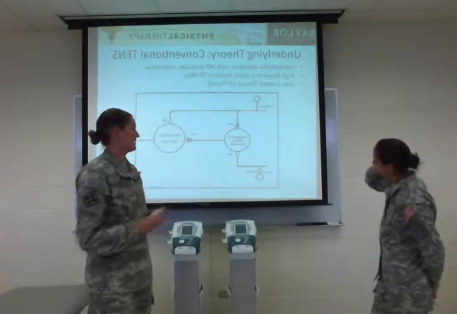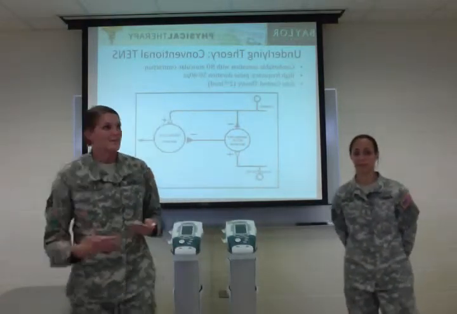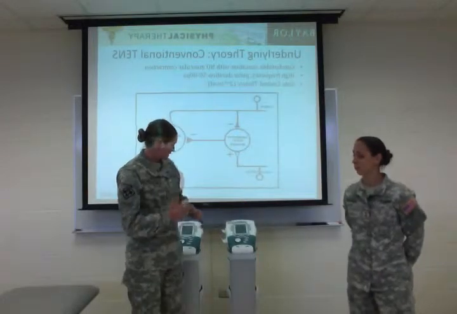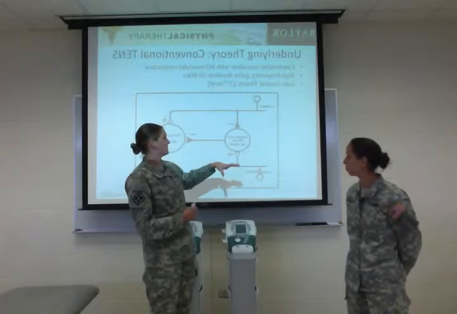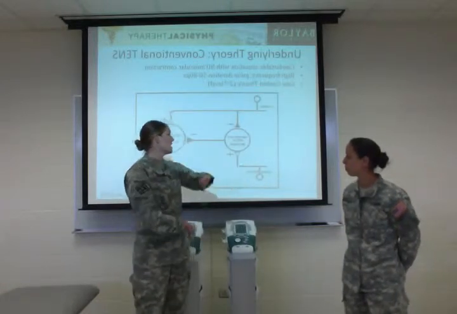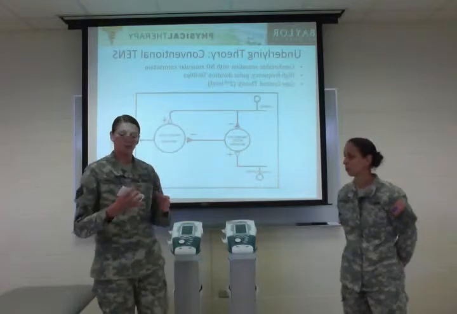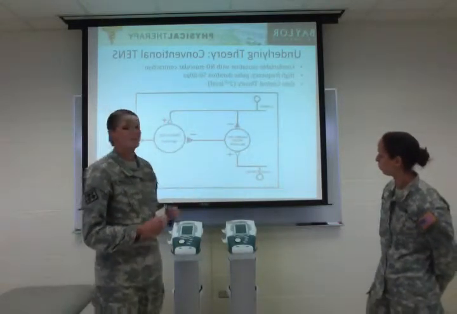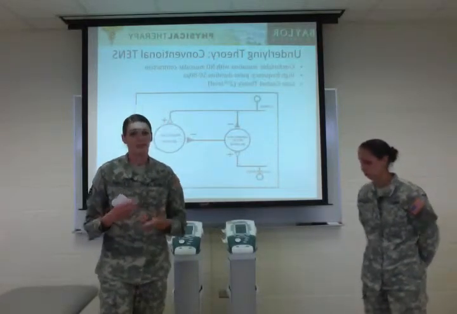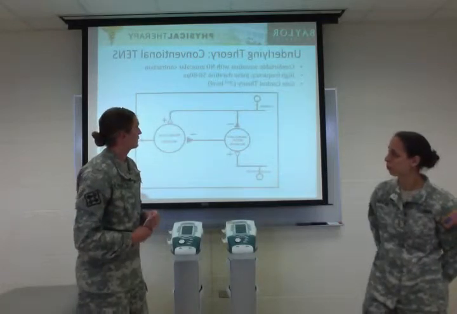What they're transmitting is mechanoreception, proprioception. So in this gate theory, what we're trying to do is have these super fast fibers have a positive effect on the inhibitory interneuron, and that inhibitory interneuron will then inhibit the perception of pain. And an interesting thing about the conventional TENS is they can actually be worn for 24 hours out of a day, which we'll see compared to the low-rate TENS in this next slide.